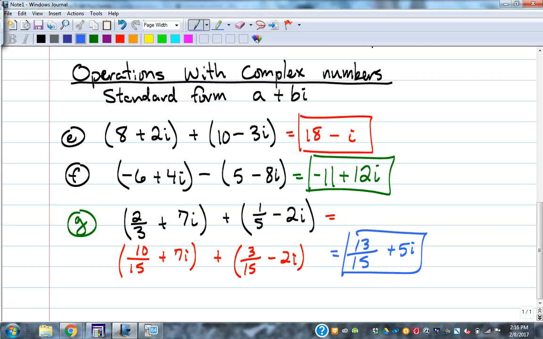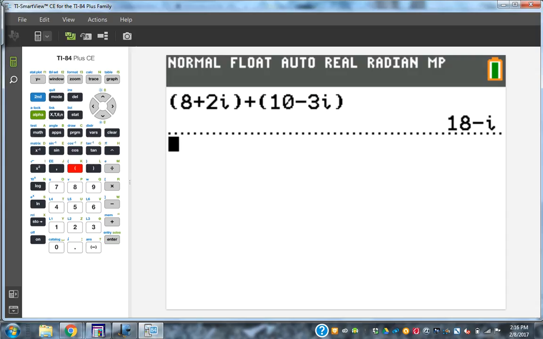In the calculator, if you did that, parentheses, 2/3 plus 7i, plus 1/5 minus 2i.